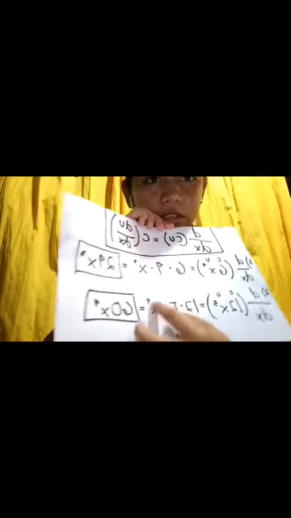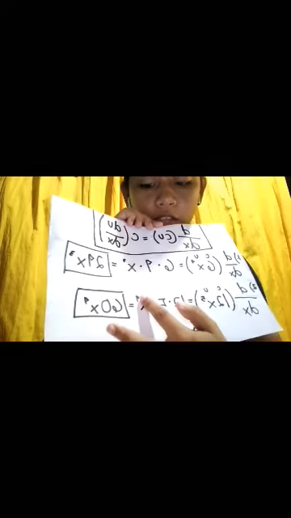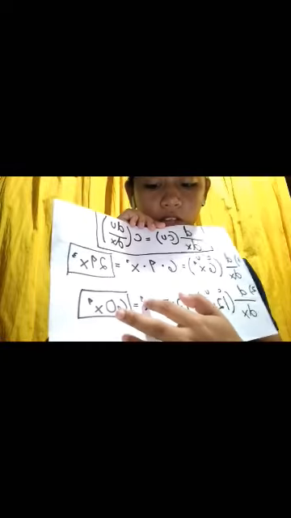Dahil sa rule na n x raised to the power of n minus 1. So, sinubtract na siya, nag minus 1 tayo dito sa exponent. So, ito yung answer niya: 60x raised to the power of 4.